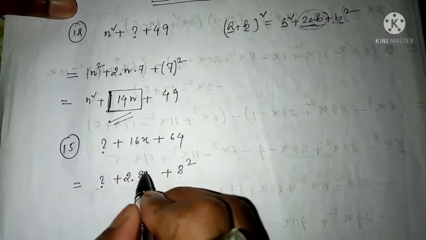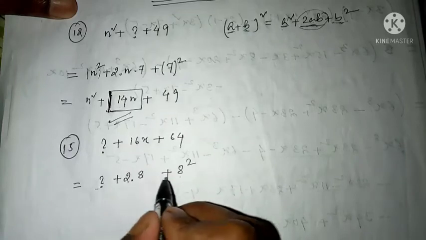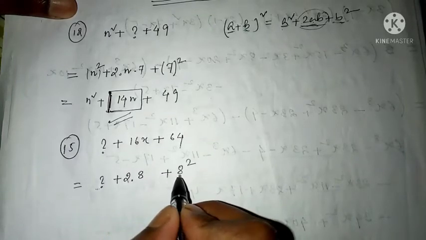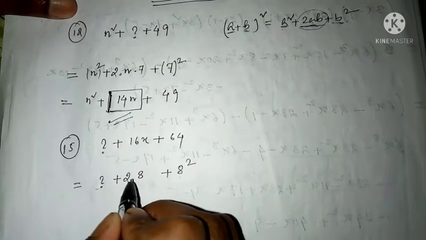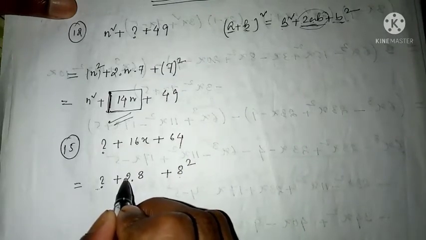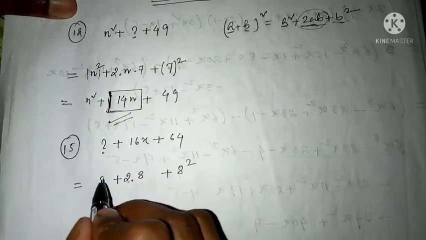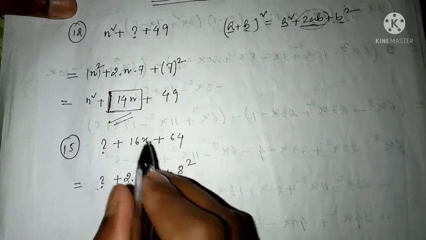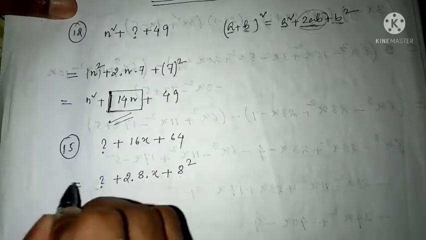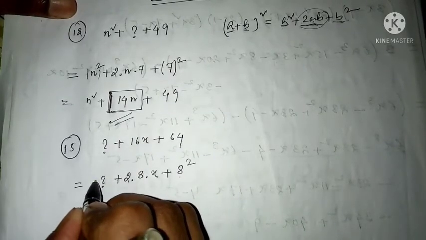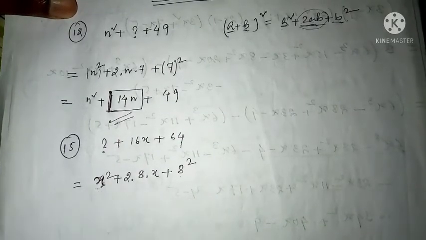That means this 8 is actually the third term, and when I make the product of 2 and the third term, it gives me 16. That means this x must be the first term, isn't it? Then you will get 16x. So I'll write x here, and then x here as well.